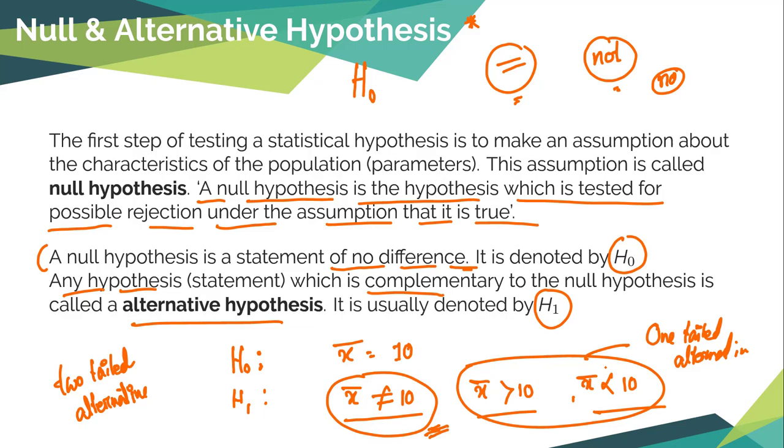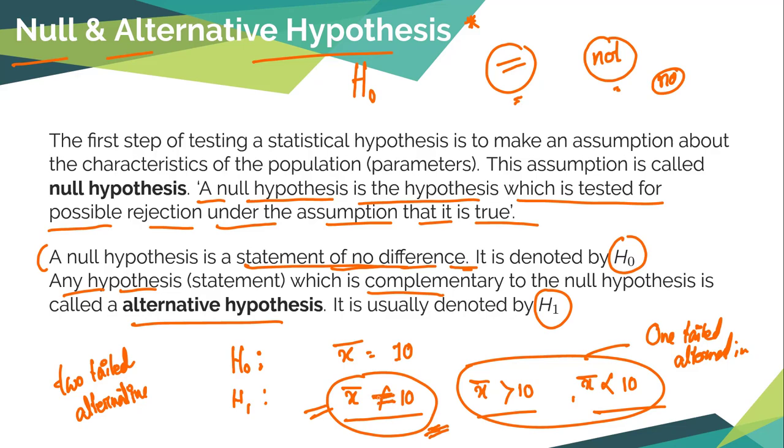In this topic, under null hypothesis and alternative, what you should remember is that the null hypothesis must be a statement of no difference. You cannot say that x bar is not equal to 10 in your null hypothesis.